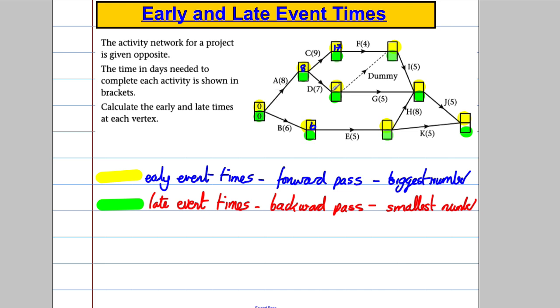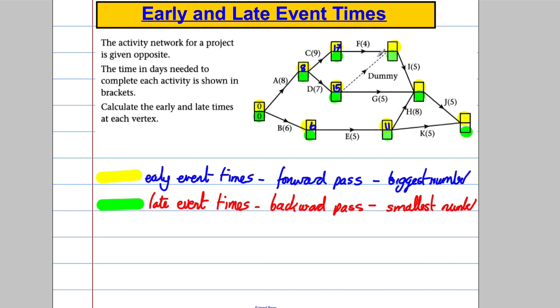Well, A and D need to happen to get to the event after D, which is 8 and 7, which is 15. Now let's look at E. For this event to have happened, B and E must have happened, which is 6 add 5, which is 11. So 11 is the earliest time I can get there.